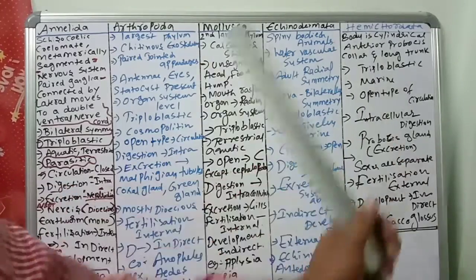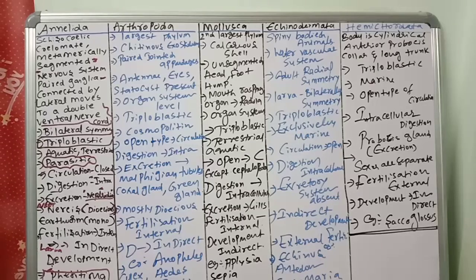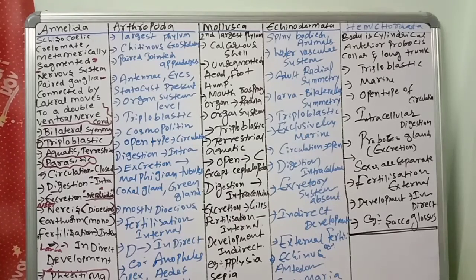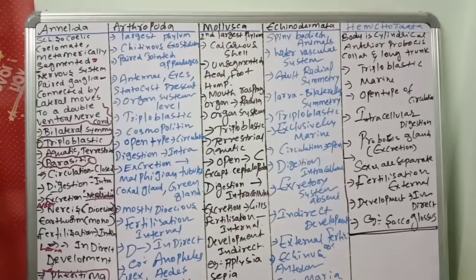They have an open type of circulation system. What does open type mean? Blood flows in the sinuses. This is important. The blood is flowing in the sinuses, and that is called an open type of circulation system.